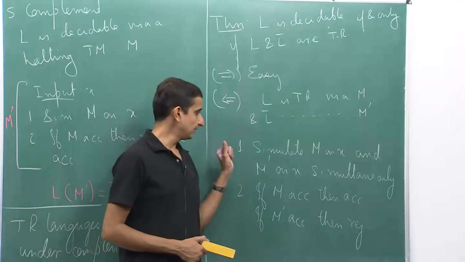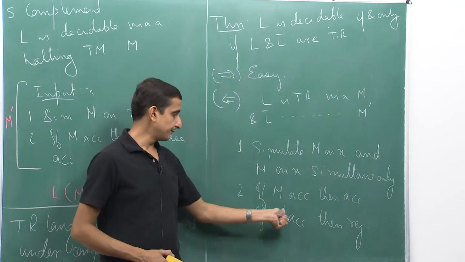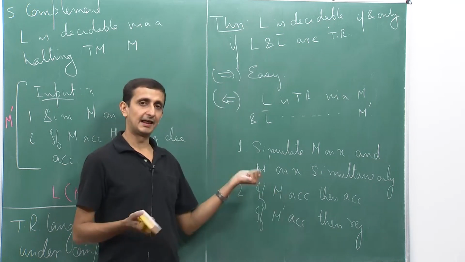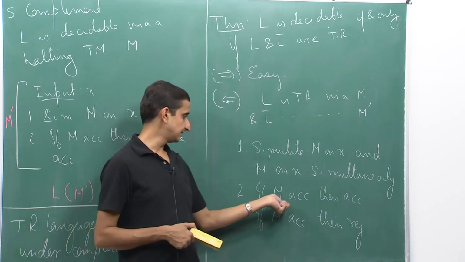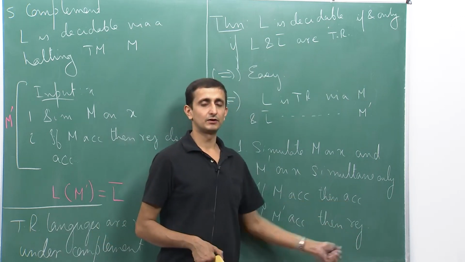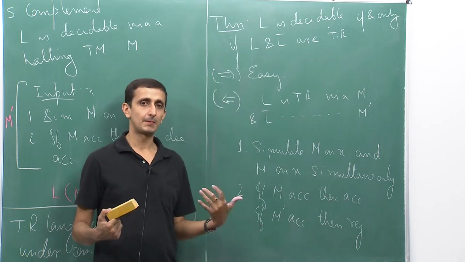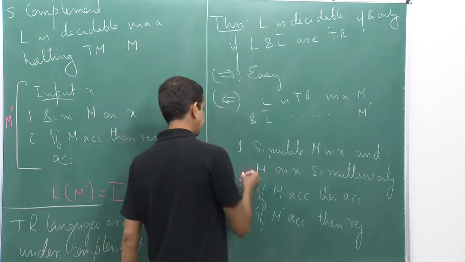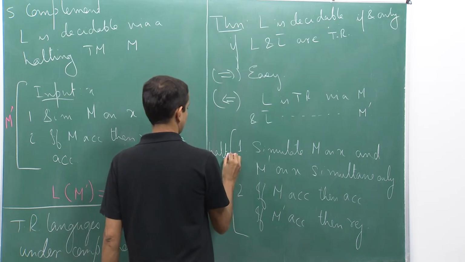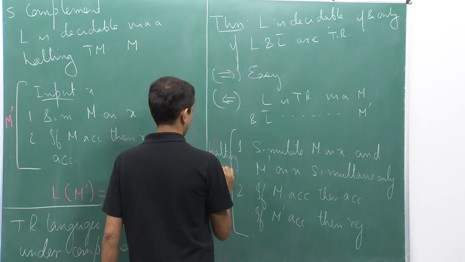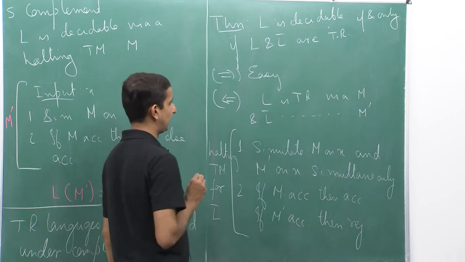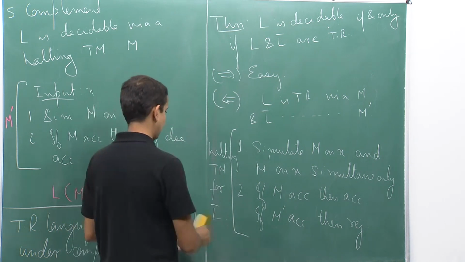Now, observe that for every string either M will accept or M prime will accept, because every string either belongs to the language or its complement. So, either this one accepts or this one accepts. So, you will either be accepting or rejecting. So, on every string you always halt. Okay. And hence this is a halting Turing machine for L, actually.